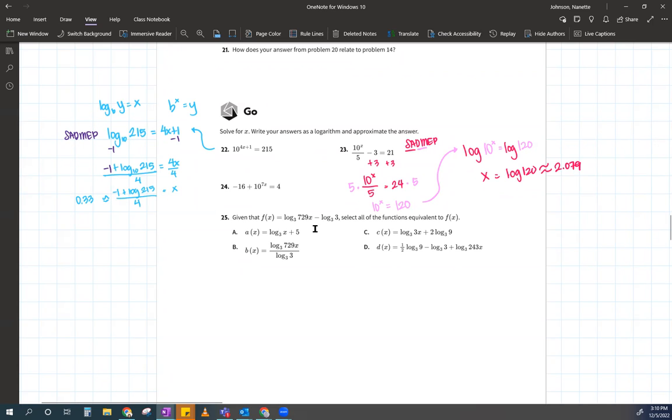So if you remember, subtraction means division, right? So I recognize that this division right here looks like log base 3 of 729x divided by 3, if you want to do it like this.